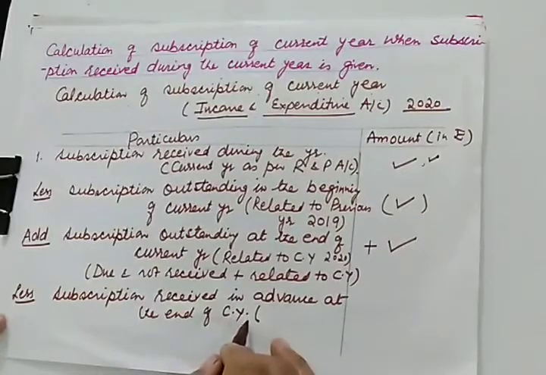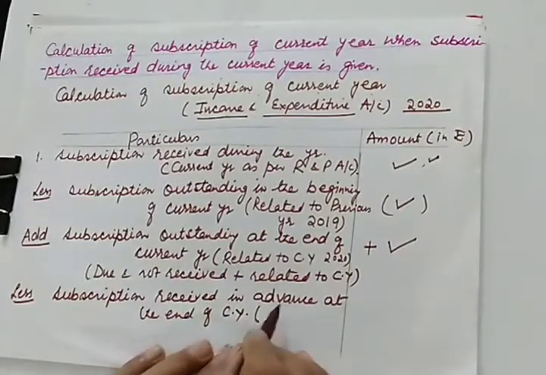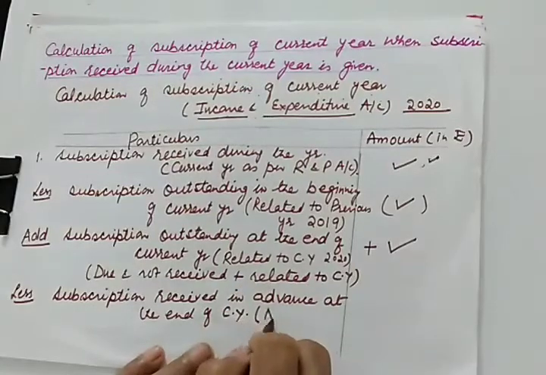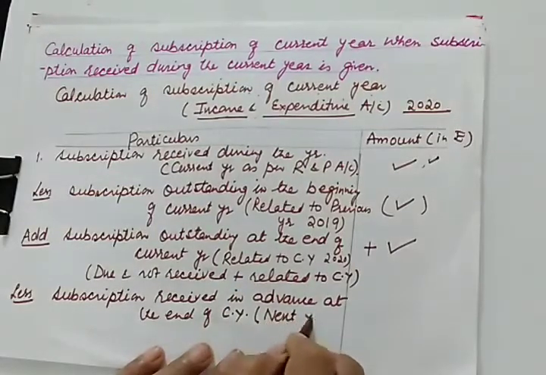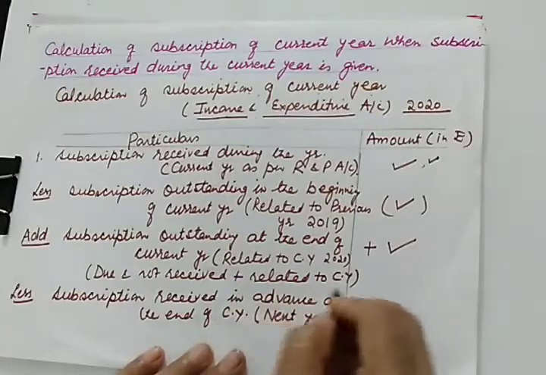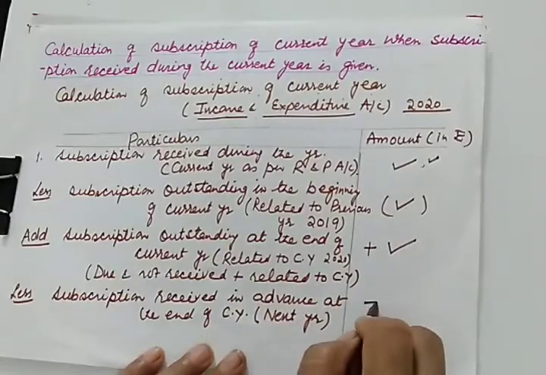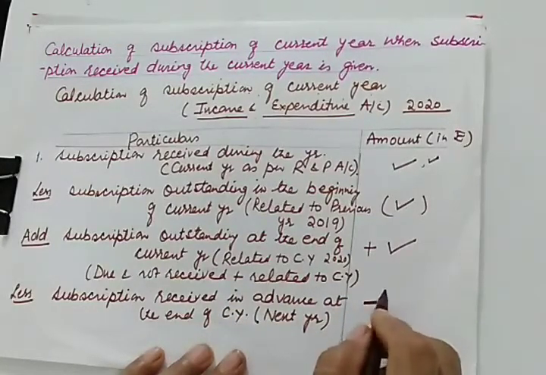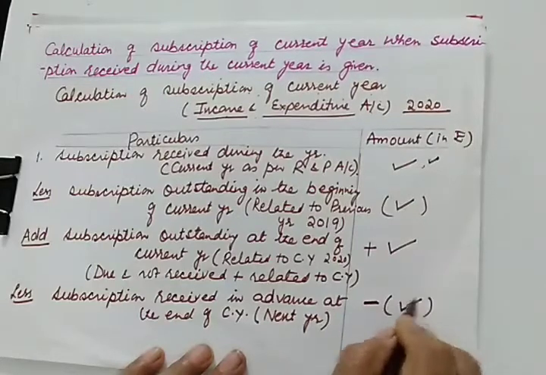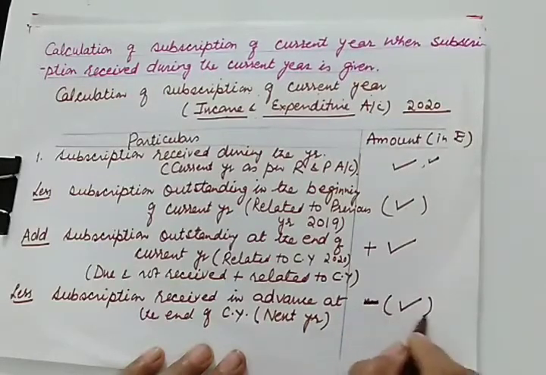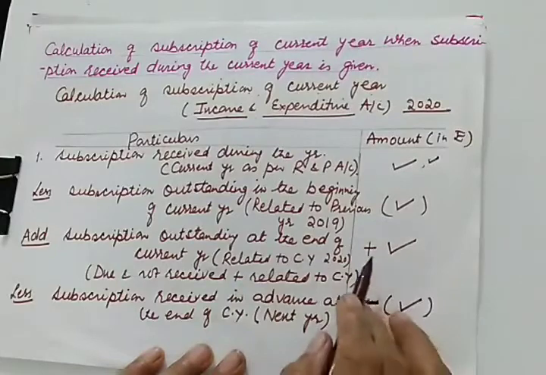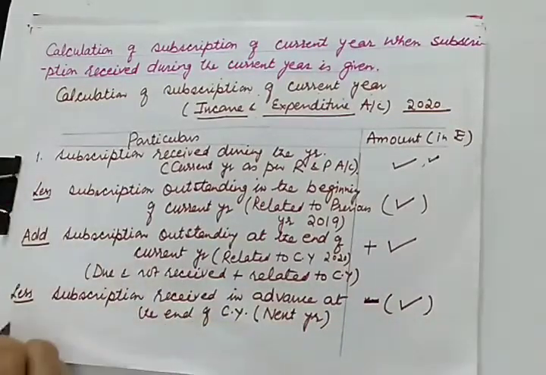So towards the end of the current year, if you are receiving some advance, it means this advance belongs to next year. So it is the income of next year, so that's why it has to be deducted from the subscription. So this will be deducted. I am using this bracket for deduction, and for plus I am using this sign.